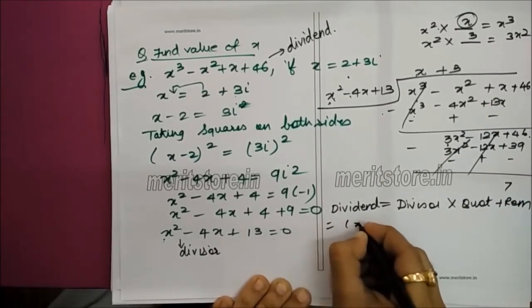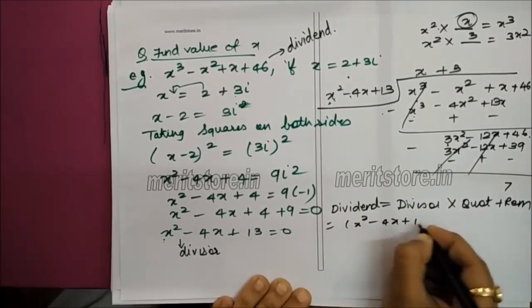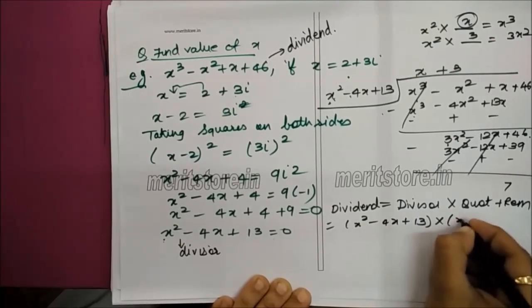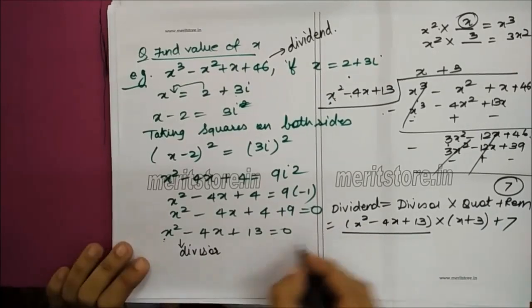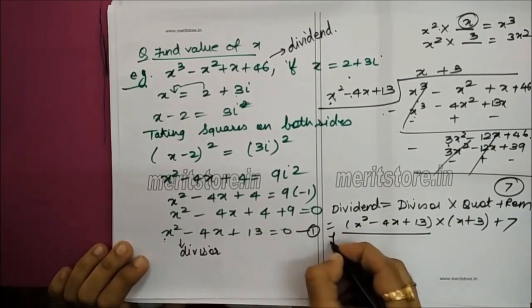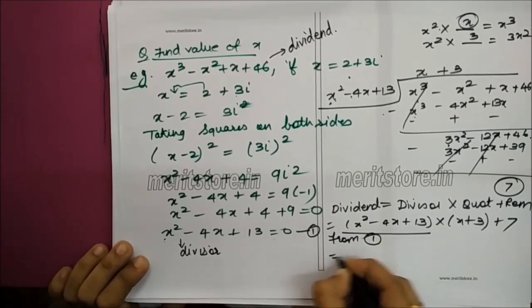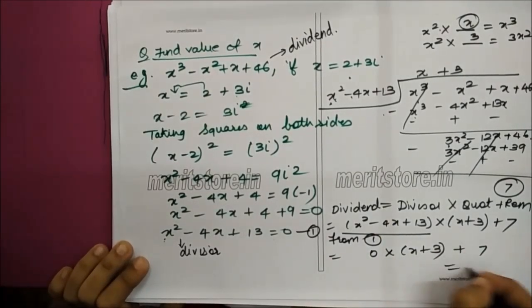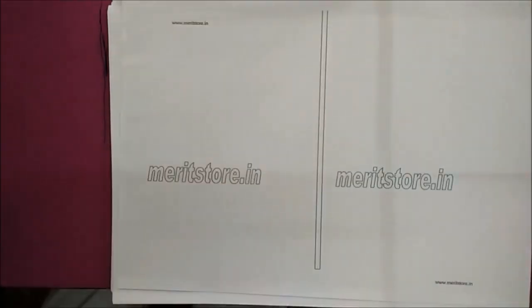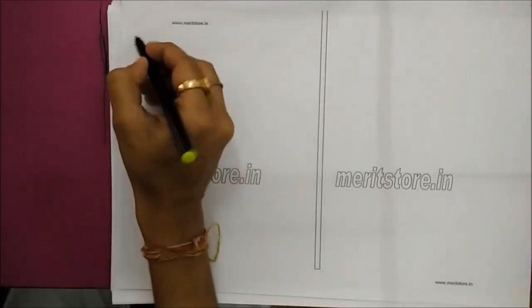But your divisor is given as (x² − 4x + 13) into (x + 3), and your remainder is 7. But this equation is equal to 0 from 1. So 0 into (x + 3) plus 7, that is 7. This is one type of example for the value of x. One more example.